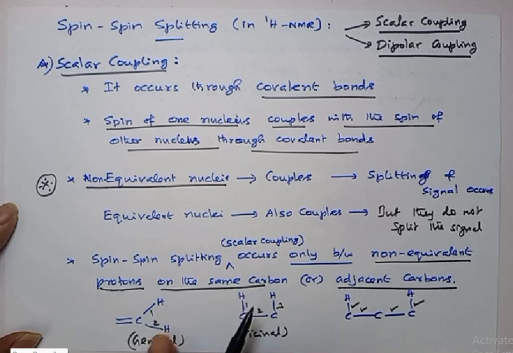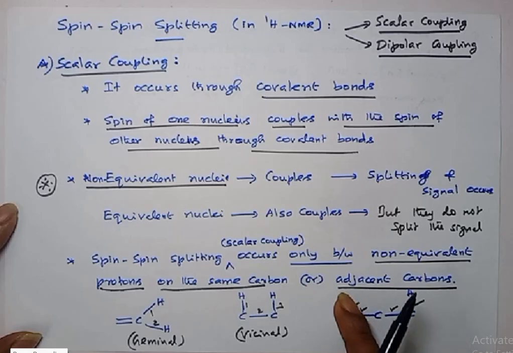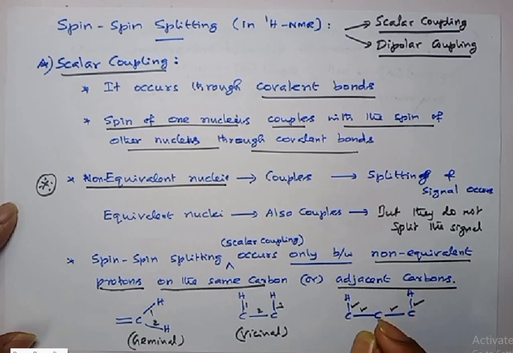If the two hydrogens are separated by 2 bonds or 3 bonds, then the coupling will occur and splitting of signals may occur. If the number of bonds between the two hydrogens is more than 3, then the coupling effect will be negligibly small.